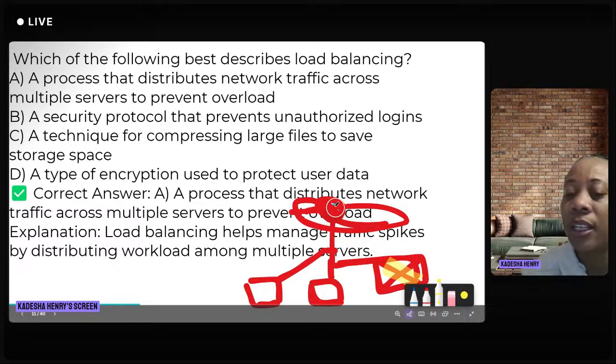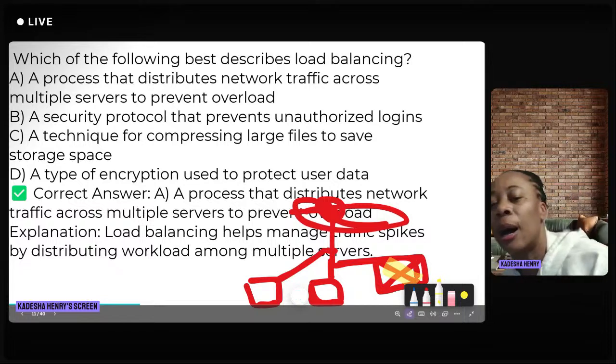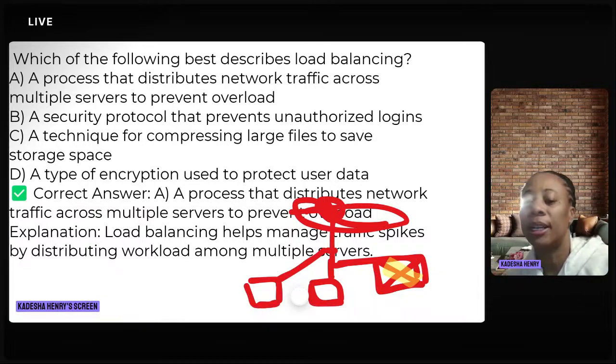The load balancer will distribute to here and here. It knows that this particular server, this particular computer, is down, so it starts distributing to the others. That is what we call a load balancer. It sits on the network. That's my little handwriting, that's the best.